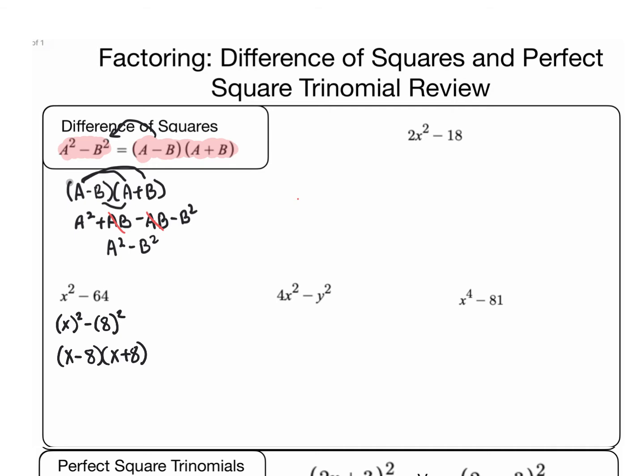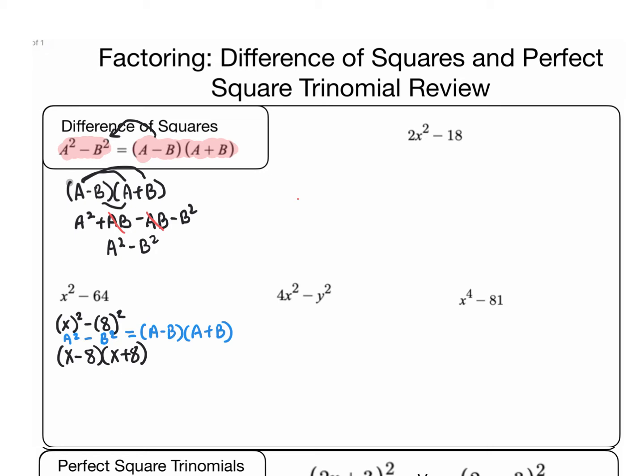To show more specifically why that works, a squared minus b squared equals a minus b, a plus b.